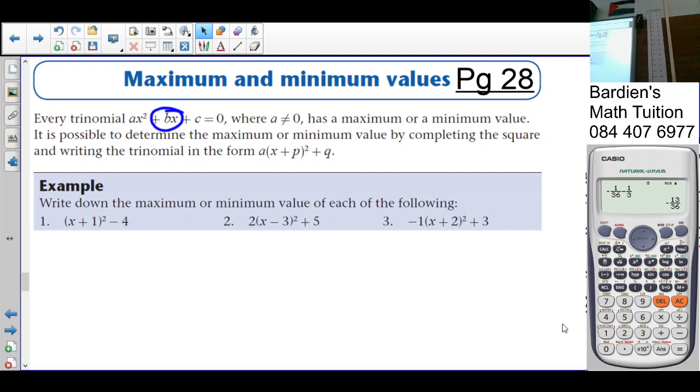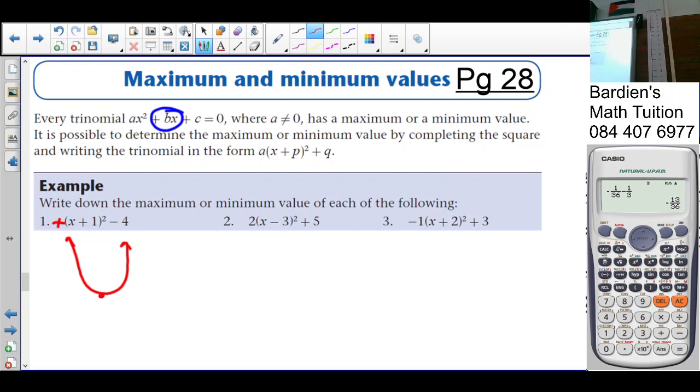Okay. So the first question, write down the maximum or the minimum value of the function. Later on, when we start drawing the graphs, you will see how this actually becomes the turning point. But at this point we're not drawing the graphs, so I'm just going to do it lightly and give you an idea of what's happening. You see, this is positive, so the graph is going to have a minimum value.